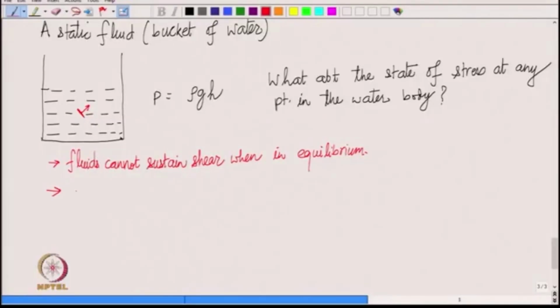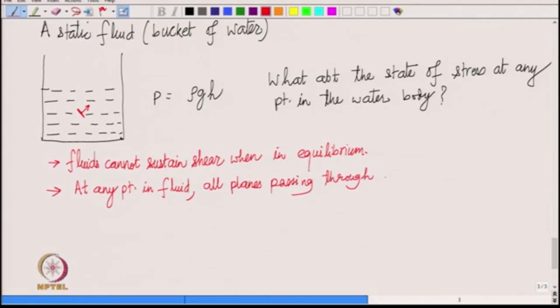So, this means at any point in fluid, all planes passing through that point have only the normal component of traction.